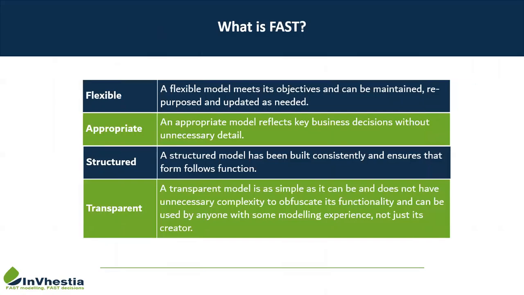There's also an aspect of appropriate. The information that we summarize on the financial model is always appropriate, and we try as much as possible to avoid unnecessary detail. It's also very structured in that it has computation blocks that make it very consistent and ensure that there is flow in the financial model.